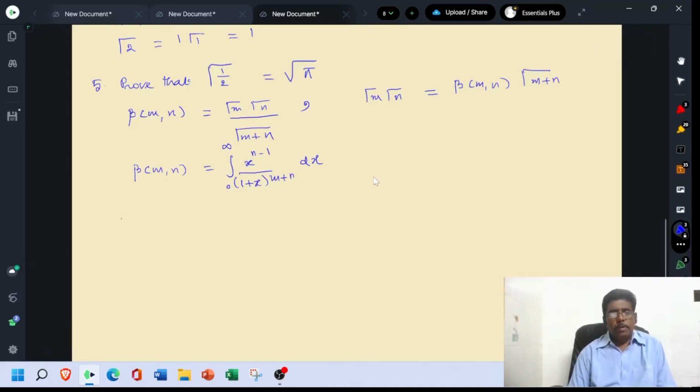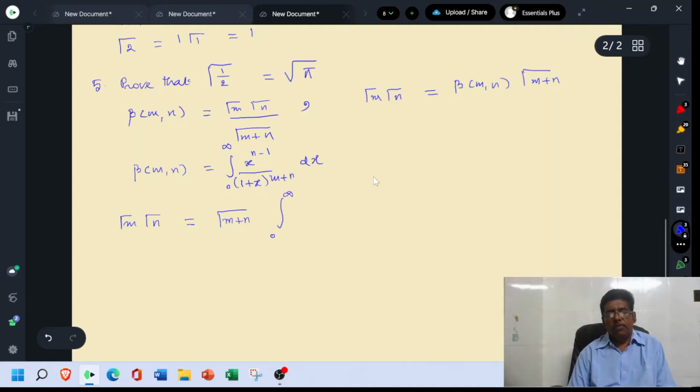Therefore, gamma of m into gamma of n is equal to gamma of m plus n into the integral from 0 to infinity of x power n minus 1 whole divided by 1 plus x power m plus n into dx.